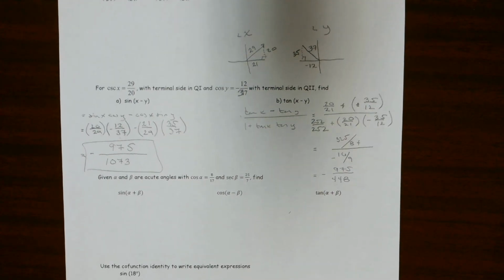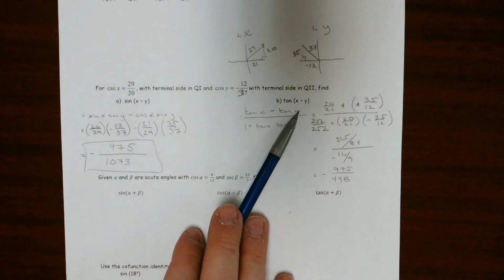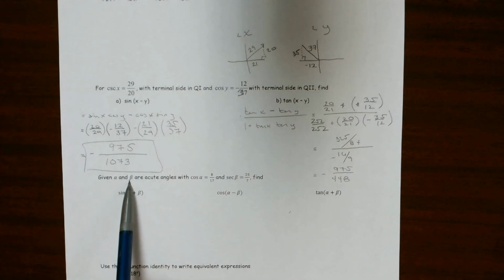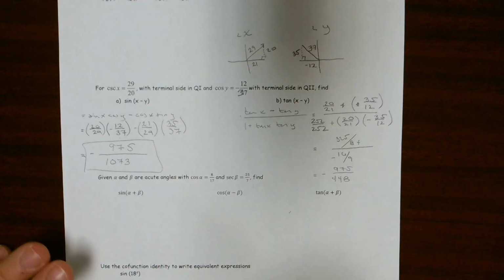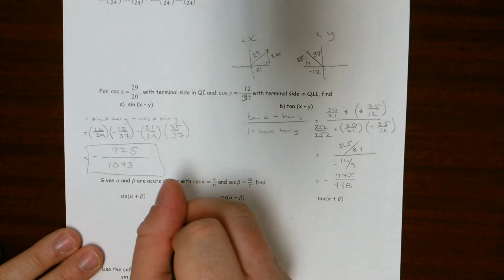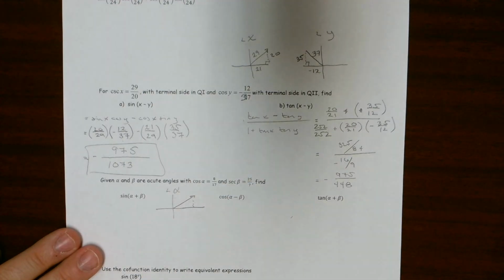Now on your own, you're going to do these 3. They're exactly similar to these 2 that we just did. I'm going to give you a little hint. It tells you that alpha and beta are acute angles. That means that angle alpha is in quadrant 1, so you can make a right triangle like that.